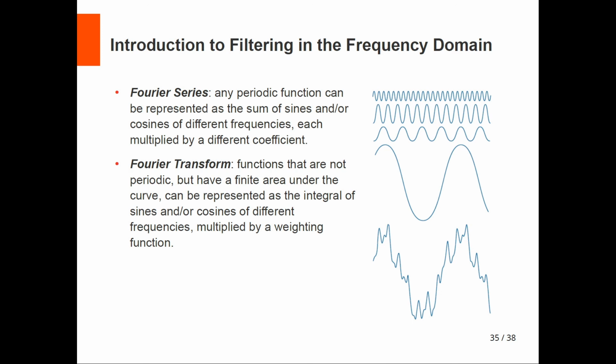But what about functions that are not periodic? For those functions, we use Fourier transform instead of Fourier series. Any function that is not periodic but has a finite area under the curve can be represented as the integral of sines and/or cosines of different frequencies multiplied by a weighting function.